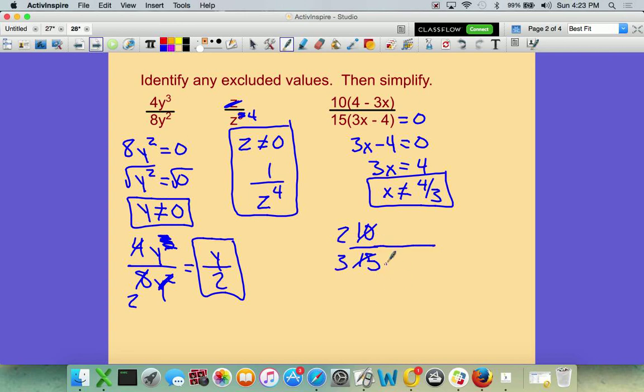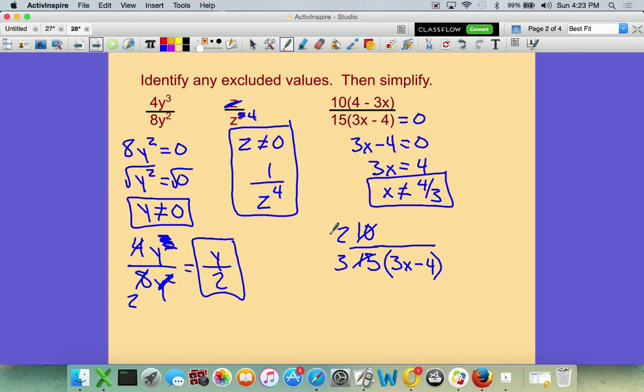But if you look at our two things in parentheses, they are really close to the same. If we wanted this bottom to stay as a 3x minus 4, how do I get this 3x to be positive? Well, I'd factor a -1 out.